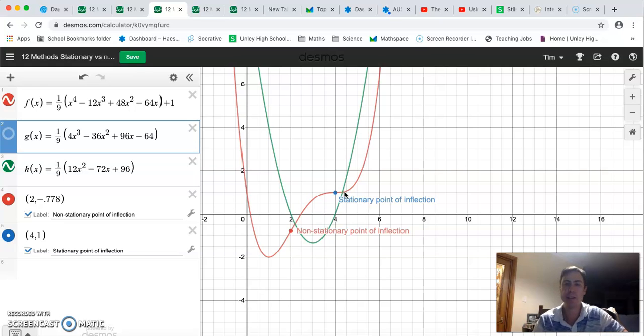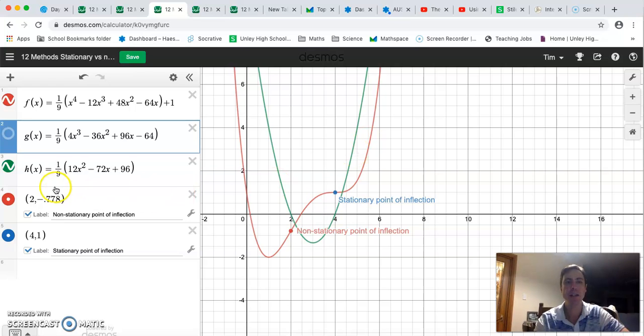Not the function, the gradient. So concave down, we're going from a fairly steep gradient here to less and less steep all the way down to 0. So that's a decreasing gradient from x equals 2 to x equals 4. That means negative second derivative. Then we go back to concave up shape and positive second derivatives.